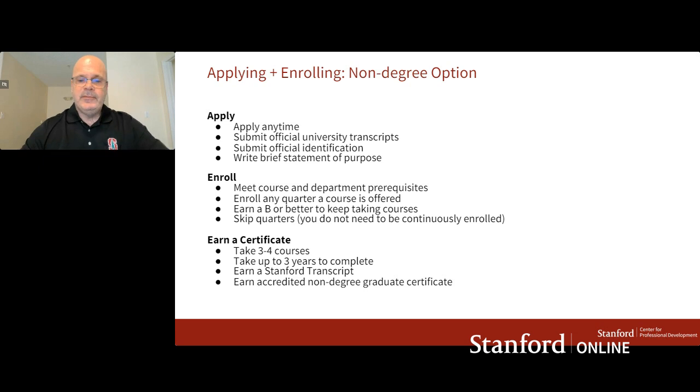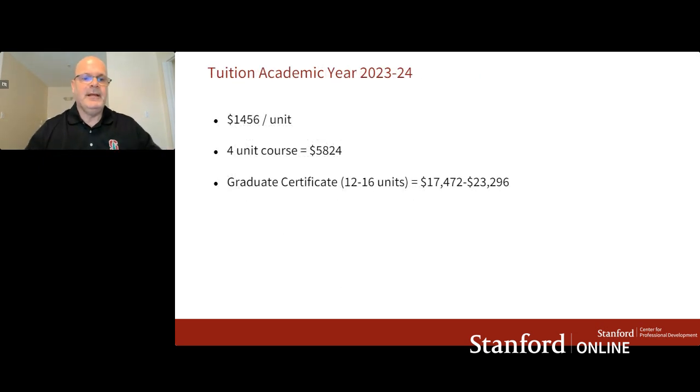Okay, so I think that's about it, aside from just some information about the tuition for academic year 23-24. I'm thinking about last year, sorry about that. The current tuition fee is $1,456 per academic credit.